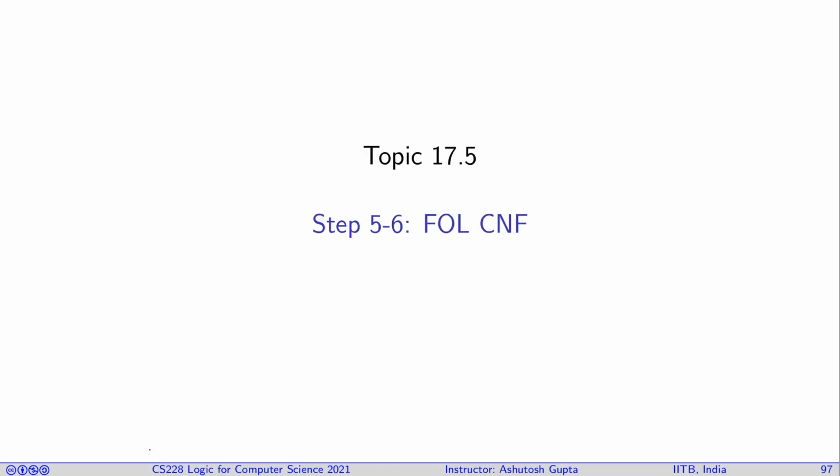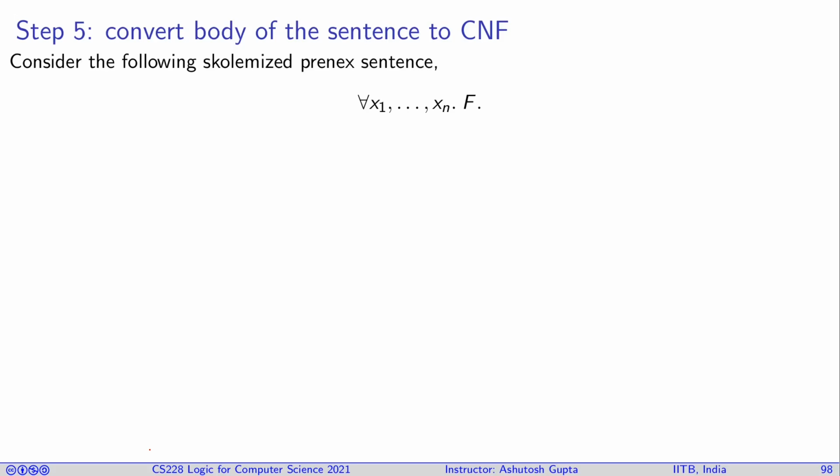Now what we are left to do is finally get to our FOL CNF. There are two more steps left, and they are fairly simple. Consider the following skolemized prenex sentence. You have a universal quantifier and the formula f. This formula f doesn't have any quantifiers, only atoms and Boolean combinations.